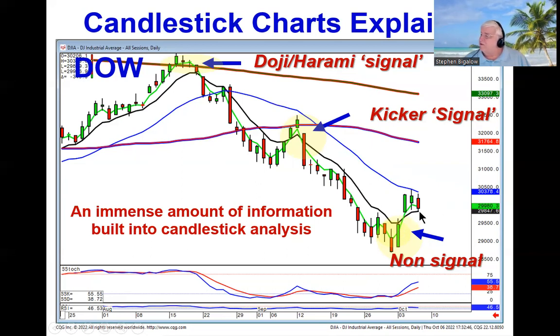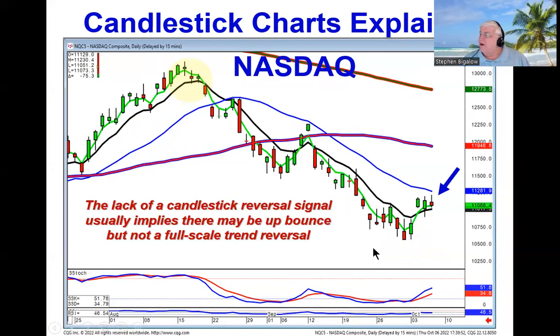If they open these markets lower, we can kind of assume now we've got wave 1, wave 2, wave 3 of a bearish J-hook pattern, and wave 1, wave 2, if it starts rolling over, wave 3 of a bearish J-hook pattern. Same thing over here in the NASDAQ. The lack of a reversal signal says this might not be a strong uptrend, so be a lot more cautious.